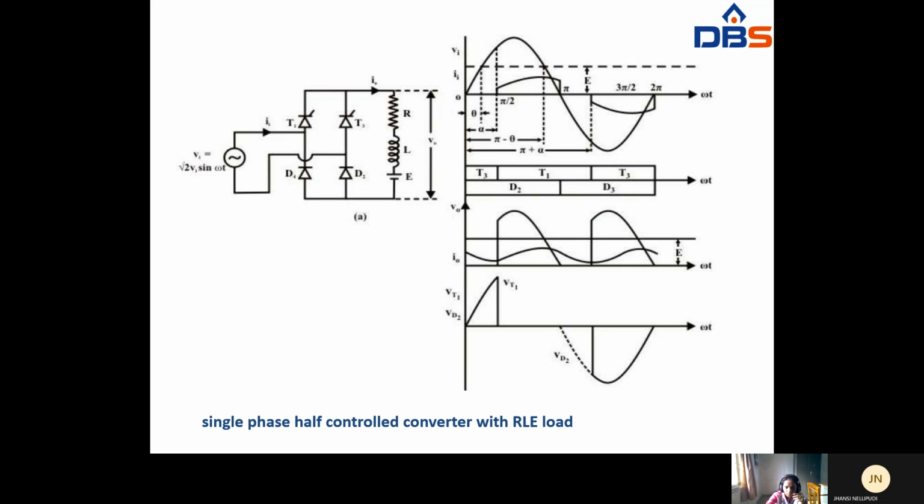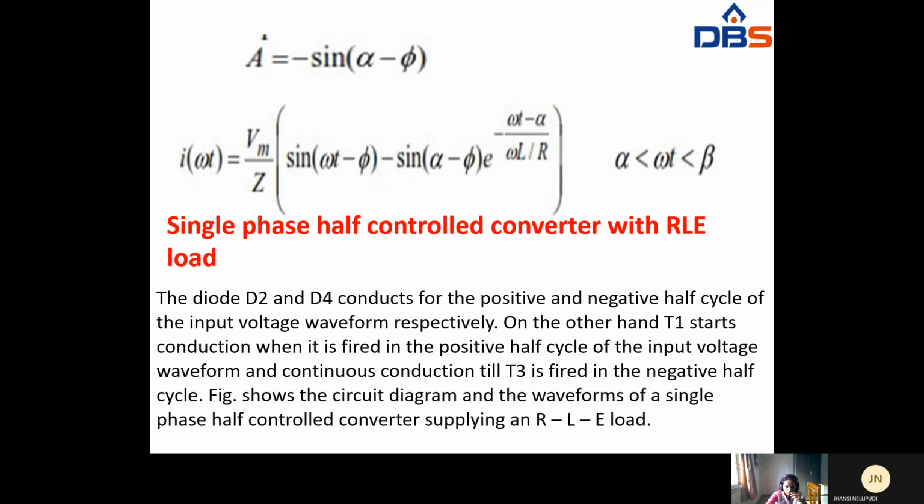And here VD2 will be obtained in the negative half cycle, after pi plus alpha. This is a single phase half controlled rectifier with RLE load. This means the diodes D2 and D4 conduct for the positive and negative half cycles of the input voltage waveform respectively.